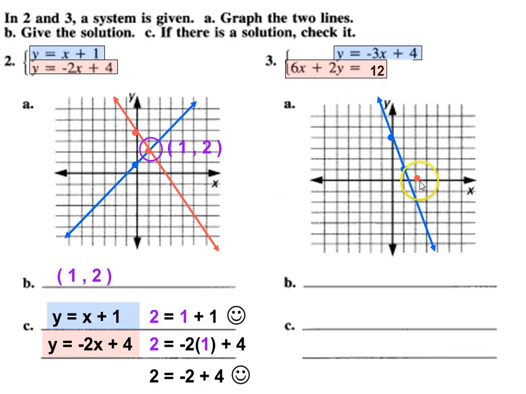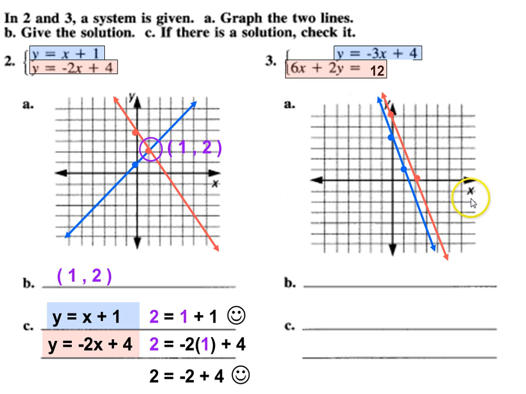Here's our x-intercept of 2. Our y-intercept is 6, which is right there. If we draw the line that goes through those 2 points, this is the line right here for the equation 6x plus 2y equals 12. And the solution is where they intersect. Where do these two lines intersect? They don't.